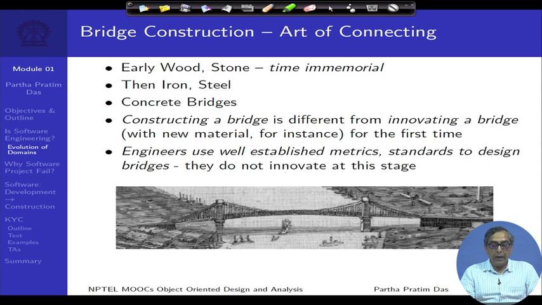So, when civil engineers sit down and find out how a bridge can be constructed completely with glass, experimenting, they are innovating a bridge. But when they are actually constructing a bridge, they are working with established metrics, standards, proven processes, so that there is no innovation particularly and the process must succeed.